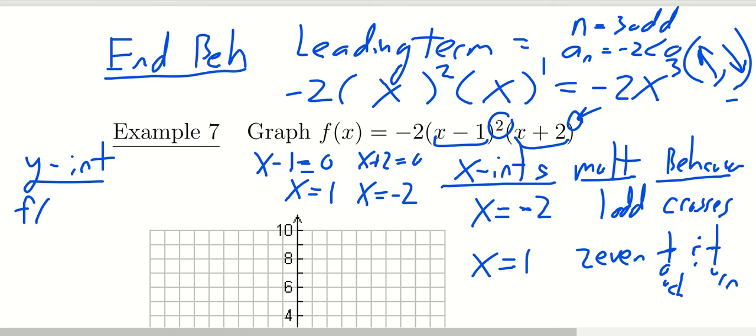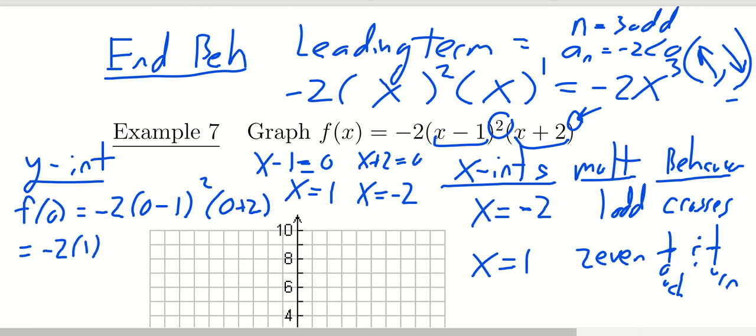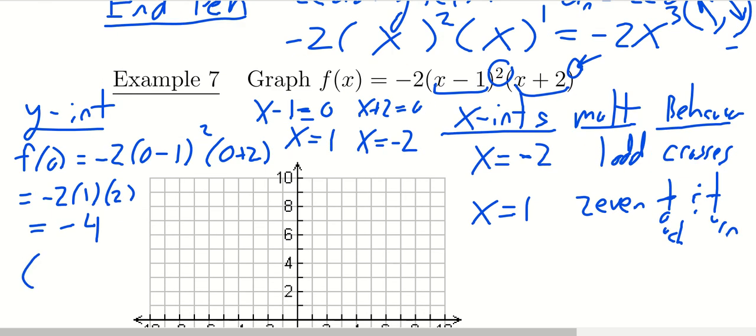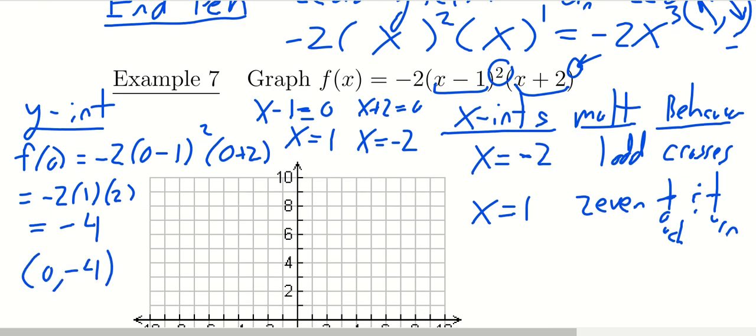If we evaluate f of 0, this is going to be negative 2 times (0 minus 1) squared times (0 plus 2), which is going to be equal to negative 2 times 1 times 2, which is negative 4. So we have the y-intercept, which is 0, comma, negative 4.